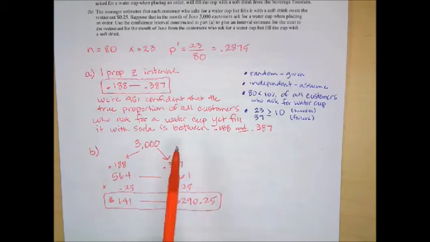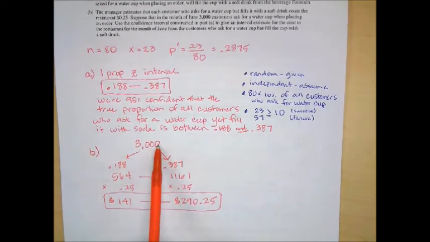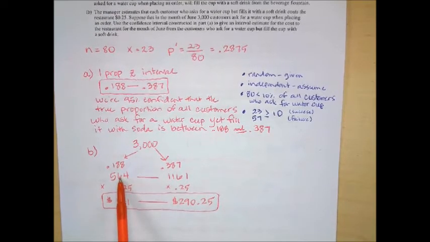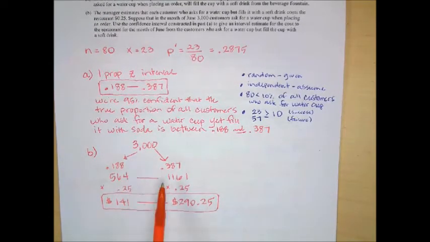So in a group of 3,000, the low end would be 564 people, and the high end would be 1,161 people.